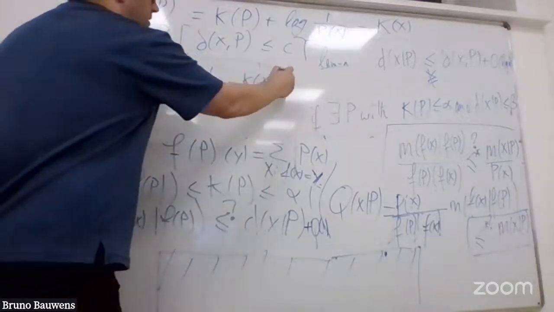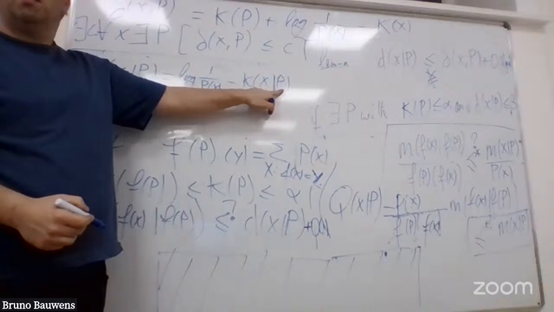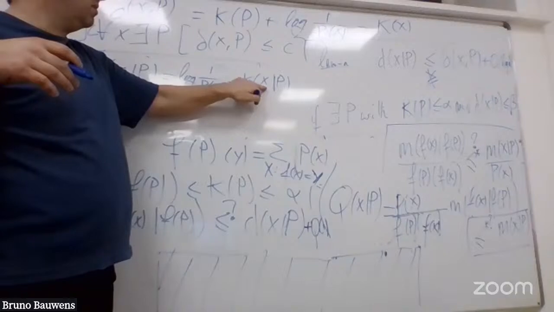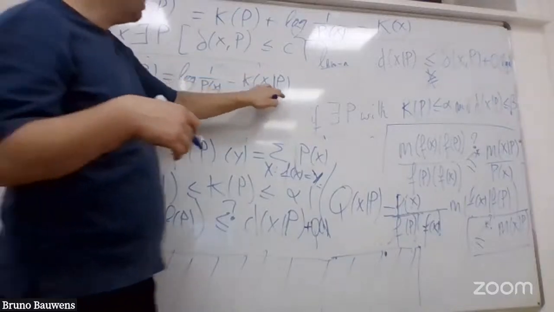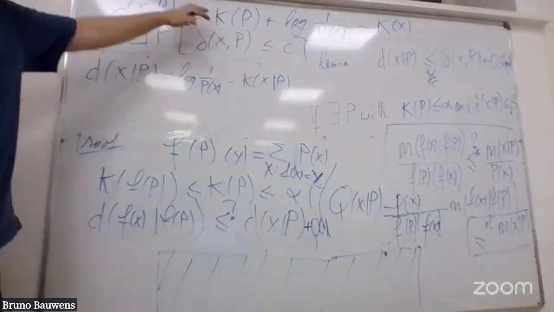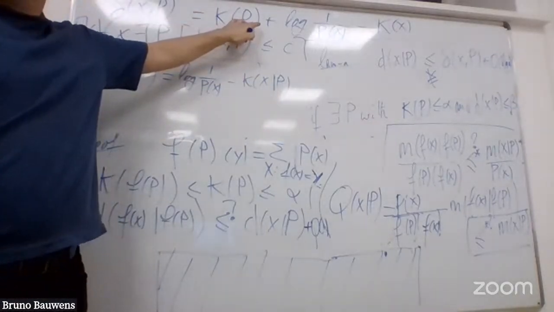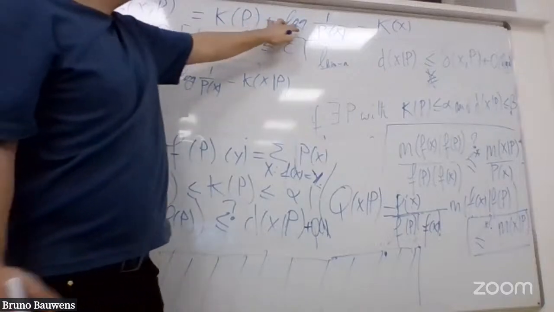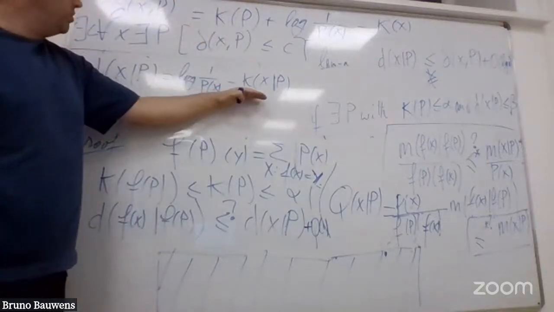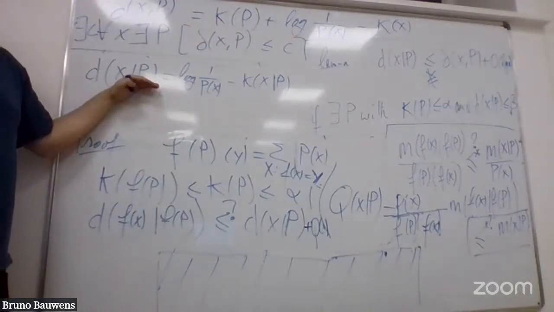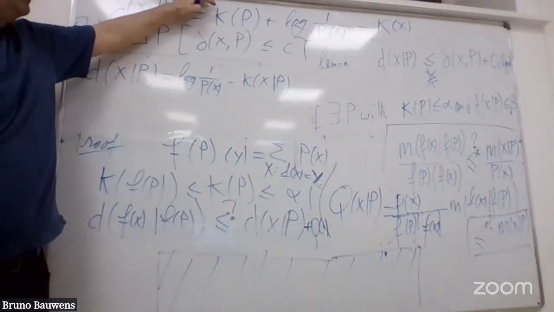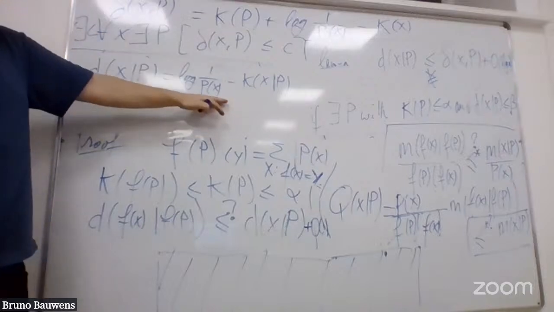Note that if we add irrelevant information to P, some randomness not connected to x, then this term will not change. But in the other definition, if we add to P information irrelevant to x, this will be violated. So some models that are good, that have zero randomness deficiency, will be bad in this definition. But it turns out the other way around is not the case.